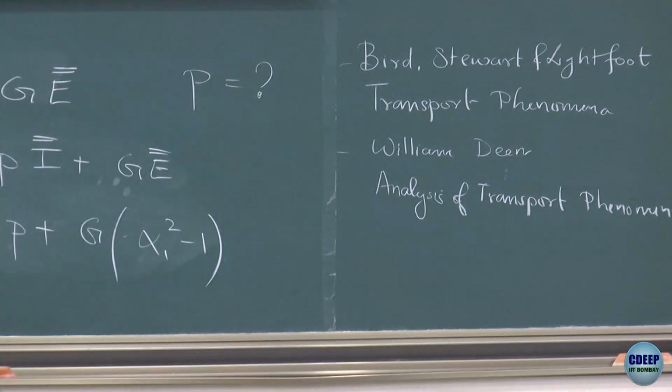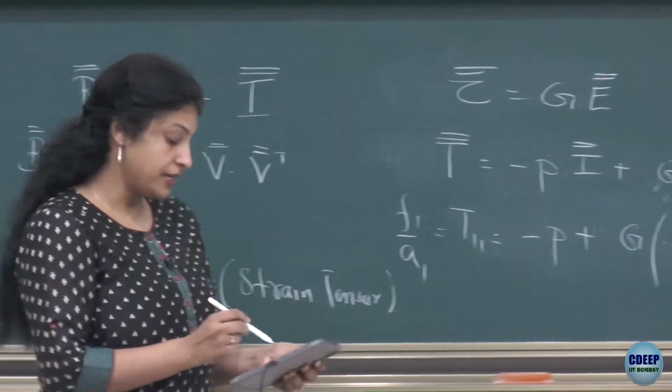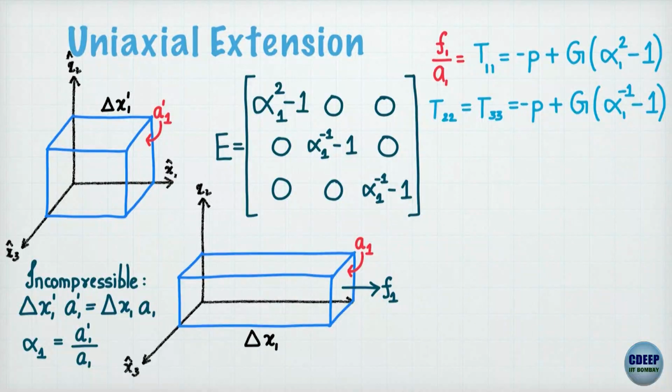Right. So I think what you are trying to say here is that when we take this object and we are applying a force in one direction, we are not really applying a force in 2 or 3 directions, right. So, they are free surfaces per se. Whatever extra stress is generated due to deformation must balance against P to give us 0 net stress at the surface, because the force applied is 0, we have not applied any force on it.